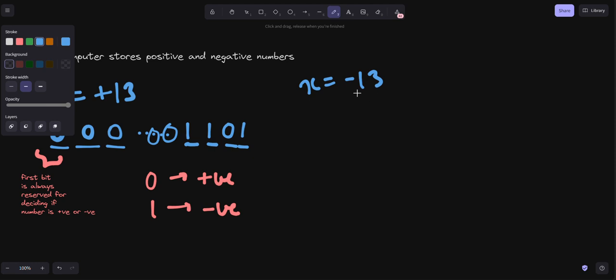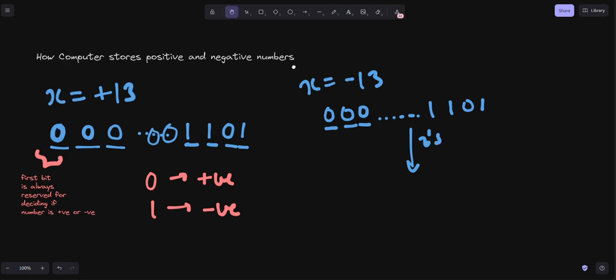When we enter minus 13, first it converts just 13 to a binary number, basically with leading 0s. Let's see it step by step. First it makes this, and then whenever a number is stored as negative, it does the 2's complement of it. Got it? 2's complement.